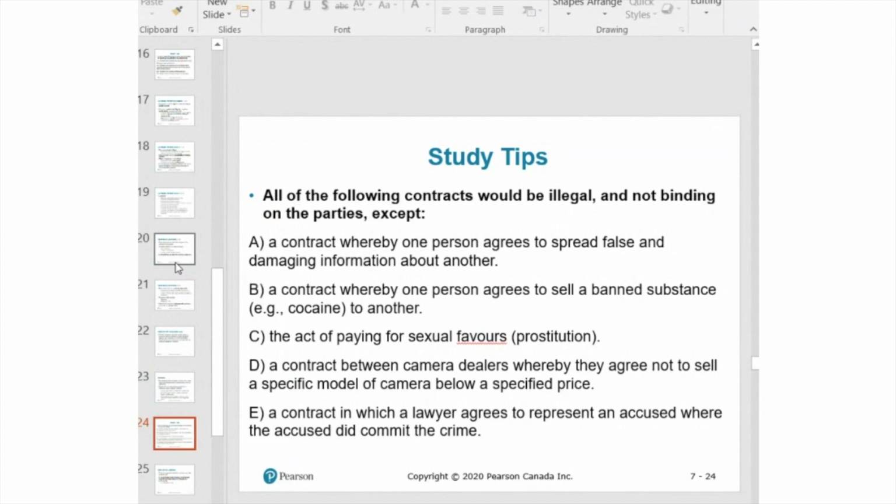Which one is this legal contract? C, prostitution, sexual favors. Oh, this is an illegal contract. And we are looking for the legal one. E, the lawyer agrees to represent an accused where the accused did commit a crime. Yes, E is the correct answer.